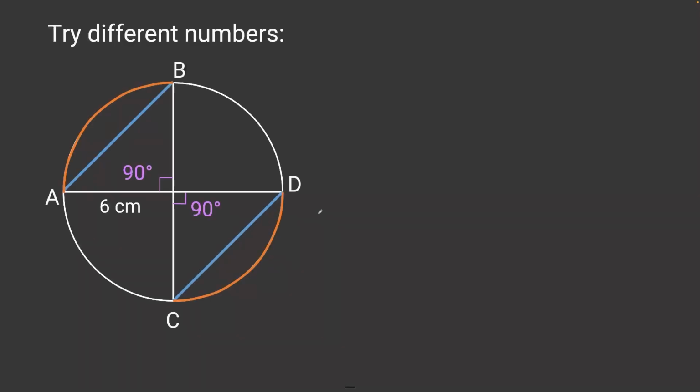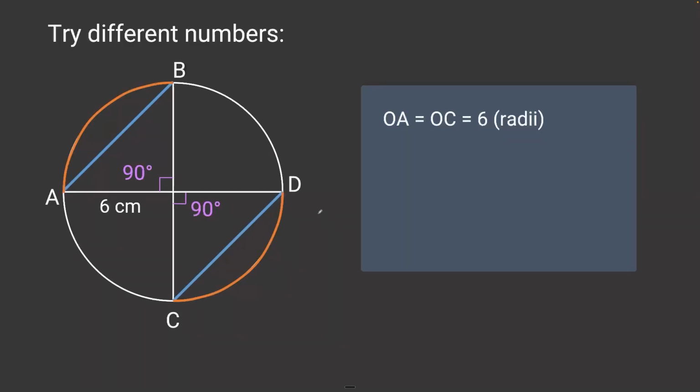Let's try a different number just to make sure, right? So here we have the radius of 6. This is O over here. So OA is equal to OC, and OB is equal to OD, although all of them are equal to 6, but anyway.